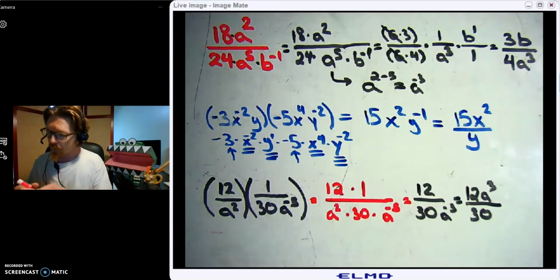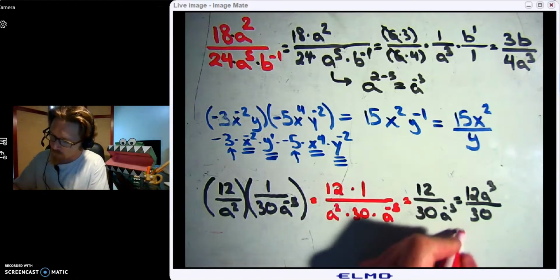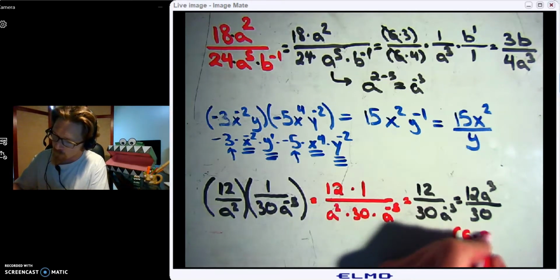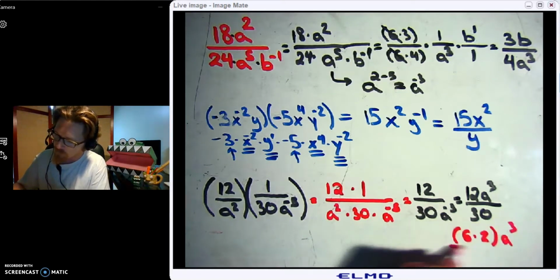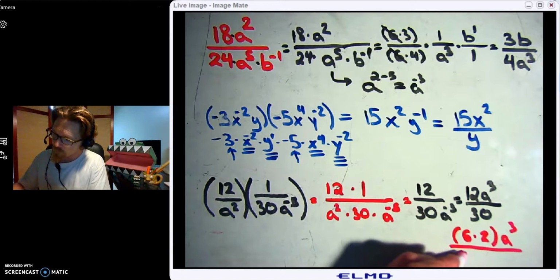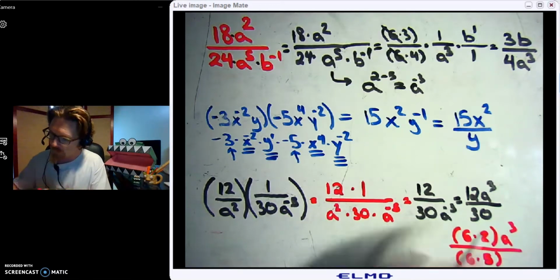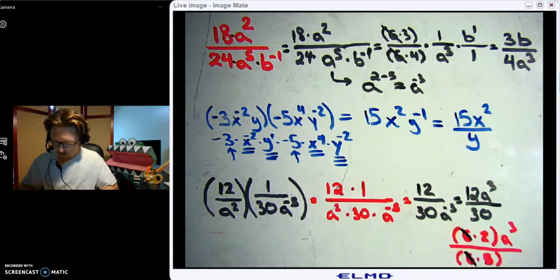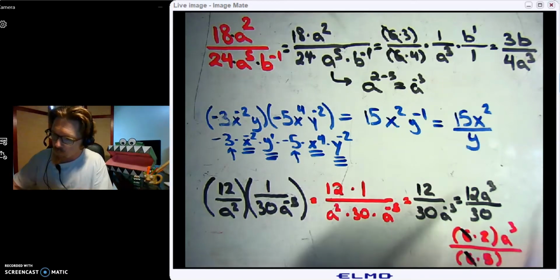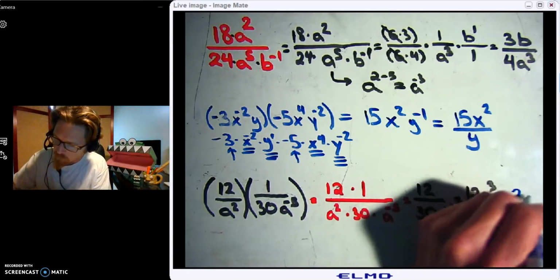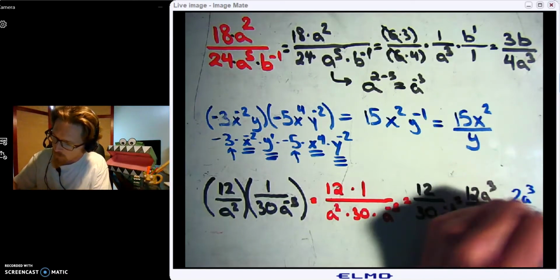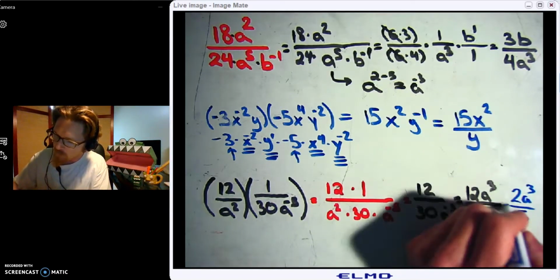And so what I can think about this is 12 is really 6 times 2, and then we still have the a to the third upstairs, and 30 is really 6 times 5. And because I have a 6 in my numerator and a 6 in my denominator, those cancel out, and so it leaves me with just a 2a to the third in my numerator and a 5 in my denominator.